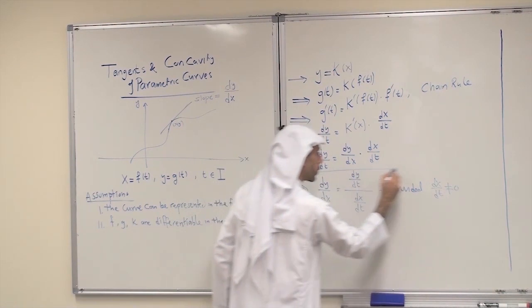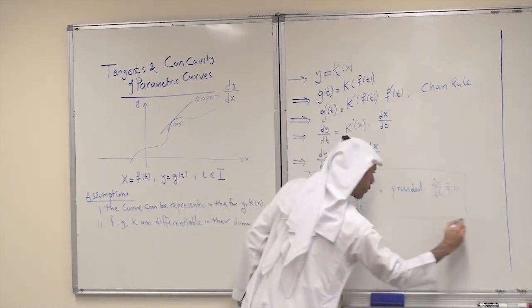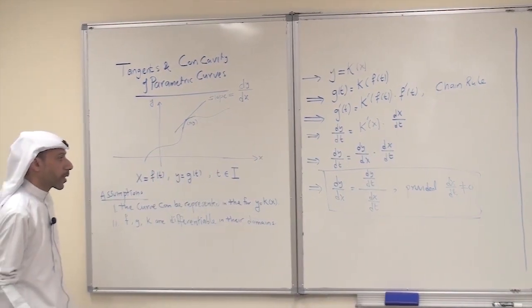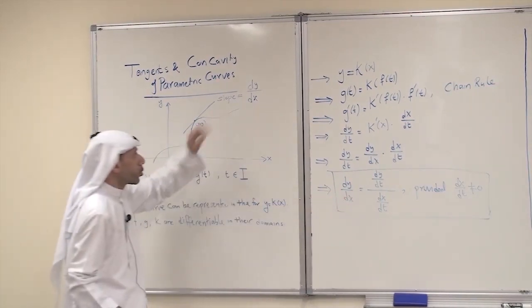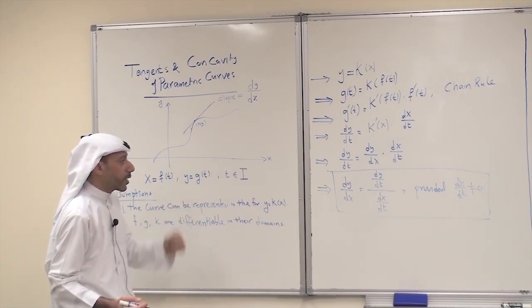This is how to compute the derivative dy/dx of the parametric equations. At a certain value t, we can substitute to get the slope. So this is for the tangents.